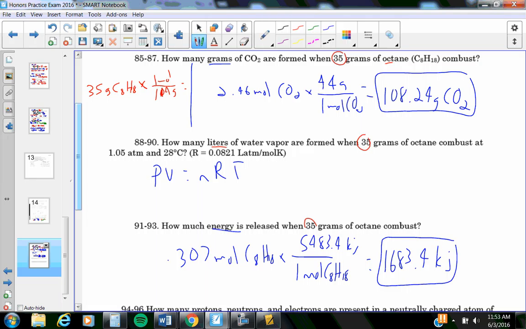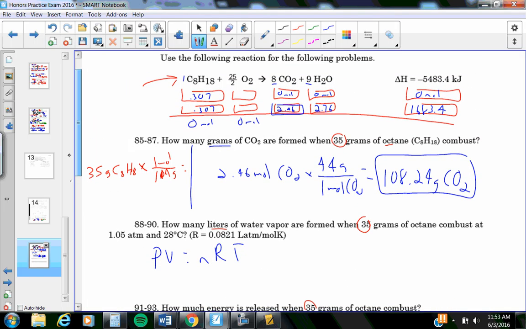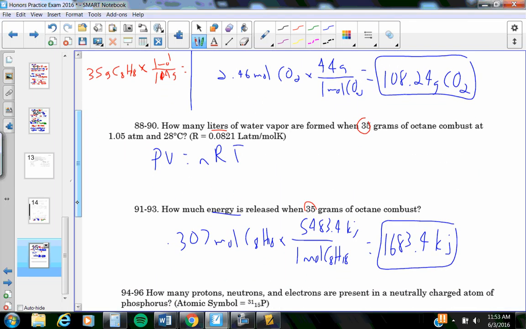They give me all kinds of information, but there's a few things I have to remember. How many liters of water vapor are formed when 35 grams of octane? Well, we already figured out that water, we're going to have 2.76 moles. So our number of moles is 2.76. The pressure, 1.05 atmospheres. The volume, well, that's what we're trying to figure out in liters. Set that equal. The R value is 0.0821.